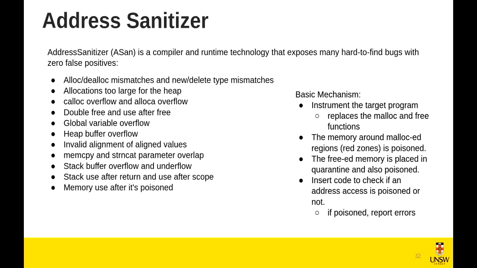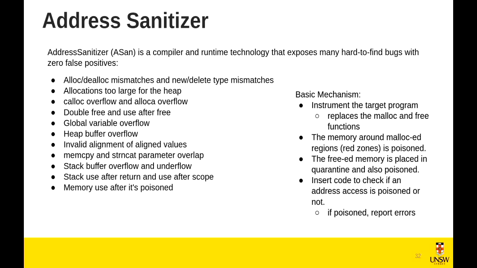By poisoning the freed memory, it helps us to detect double free or use after free. If we try to reuse a pointer that has already been freed, then we will end up in an error, because the freed memory is poisoned, marked as a red zone. And these are the functionalities of the replaced malloc and free.